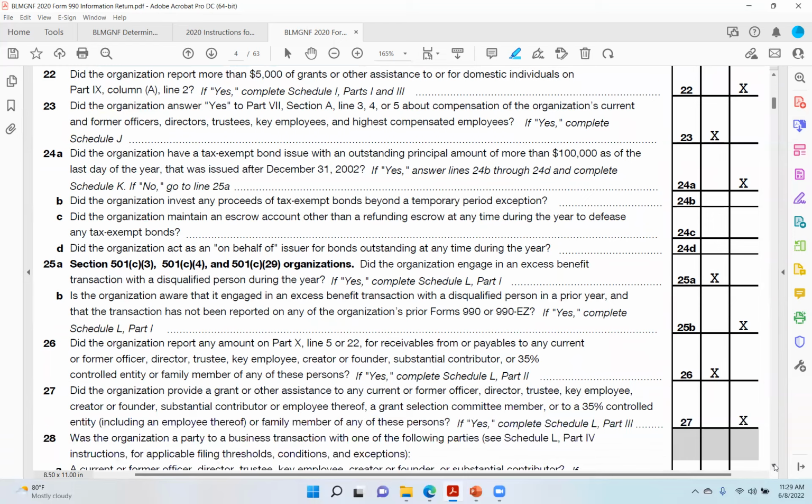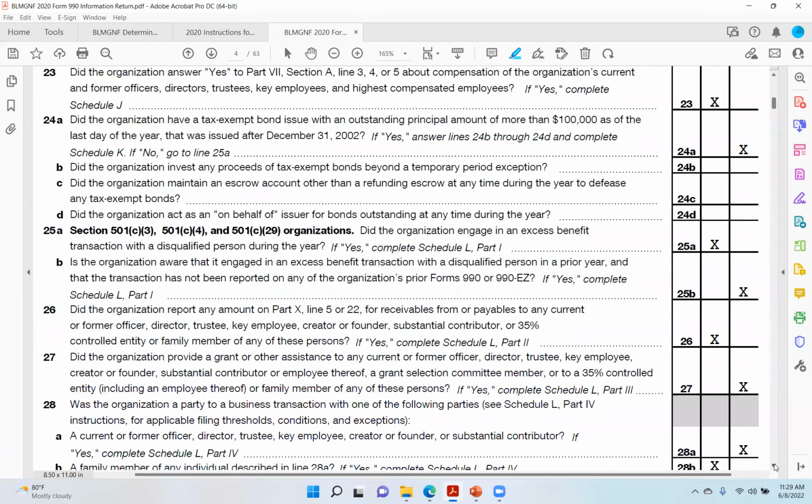I'm so glad I went back to the IRS website, because I wouldn't have picked that up. Did the organization answer yes to Part 7, Section A, Line 3, 4, or 5 about compensation of the organization's current and former officers, directors, trustees, key employees, and highest compensated employees?